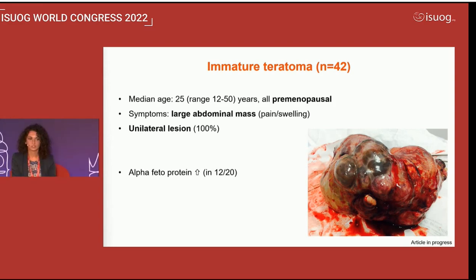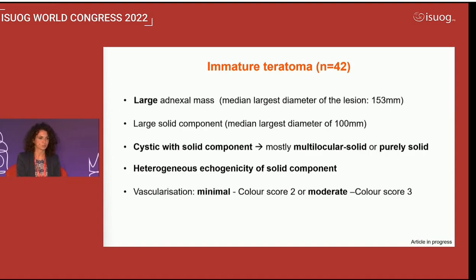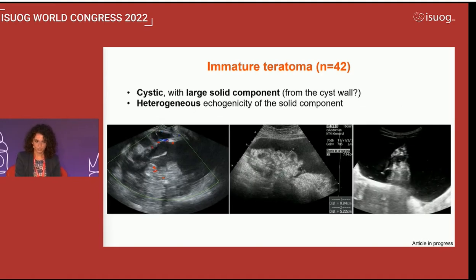And they presented with this unilateral large lesion. And alpha-fetoprotein was increased in 12 out of 20 where the alpha-fetoprotein was measured. And indeed, they can be solid or cystic with a large solid lesion.